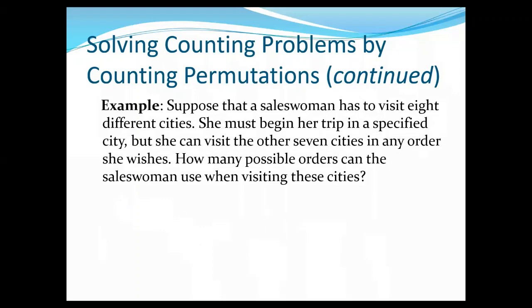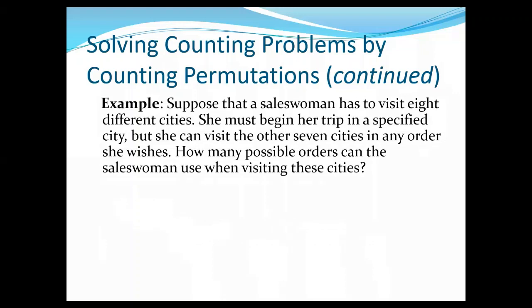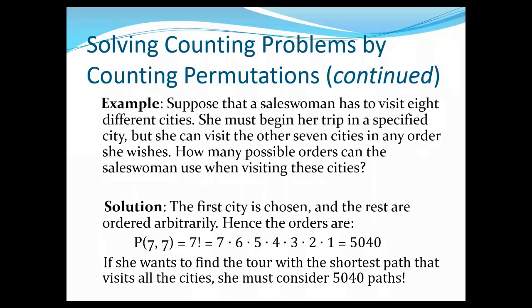So what will be our solution? Instead of 8 as your population, since the first is constant, we only have 7. Therefore, using theorem number 1, n factorial, 7 factorial, results in 5,040 paths.